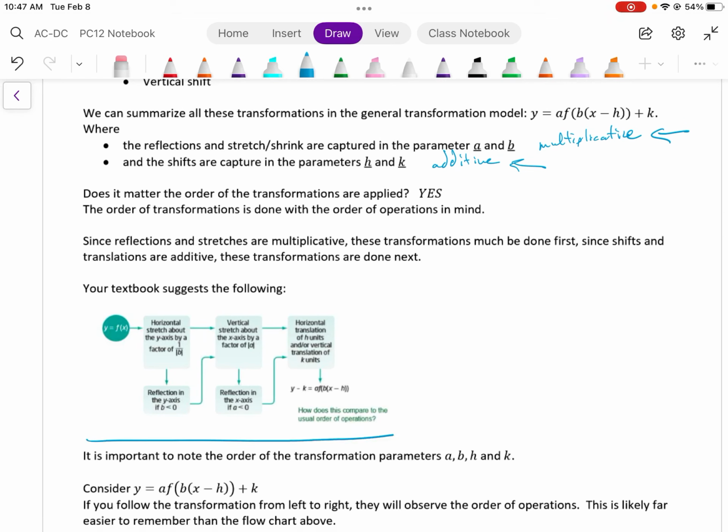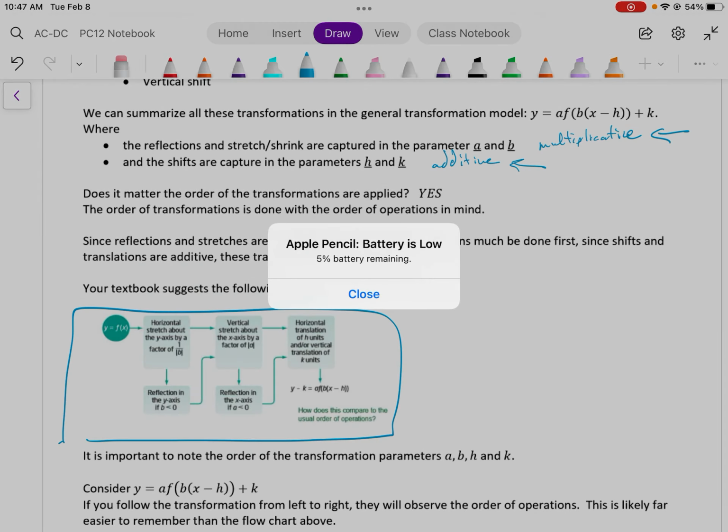So here's a really great representation of what we do. And truth be known, I've never looked at this. It's overly complicated, and I find a flow diagram is a little bit confusing in this order. But this is not the only way that we can do transformations.